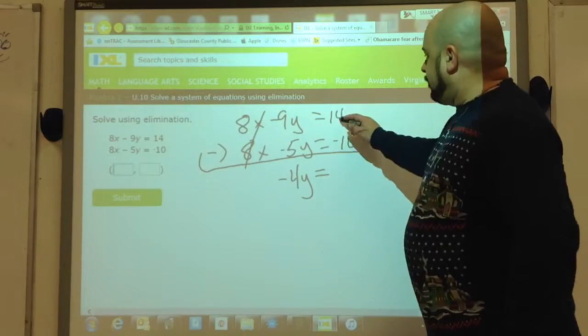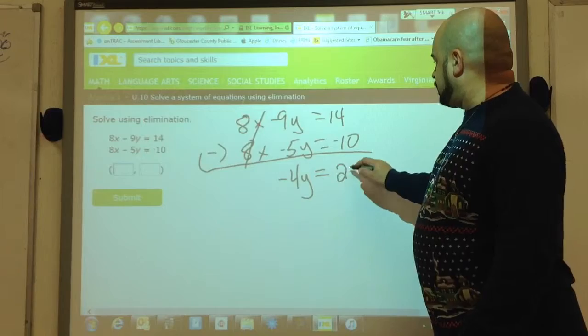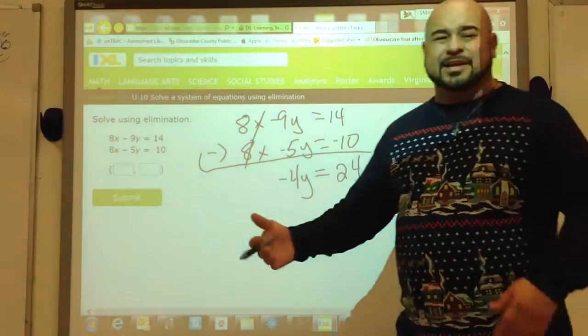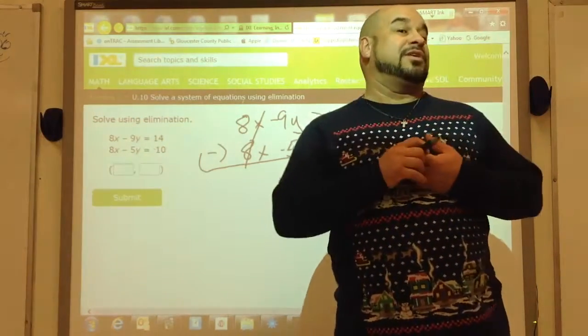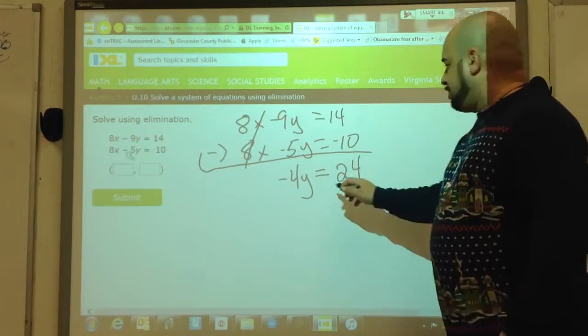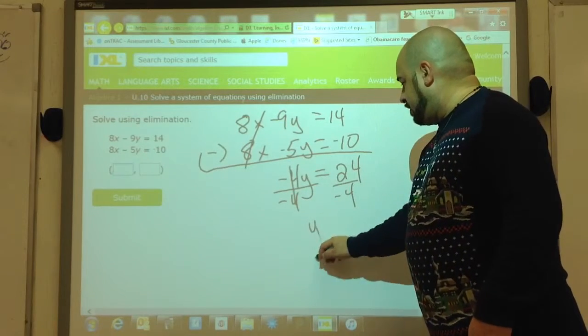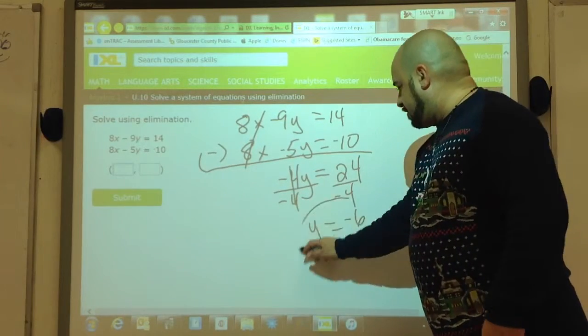Alternately, 14 minus negative 10 becomes 24. Again, if you don't believe me, check it with your calculator. 14 minus negative 10. So now I'm going to divide by negative 4. 4's are gone. Y equals negative 6.